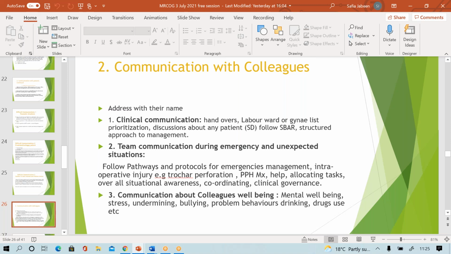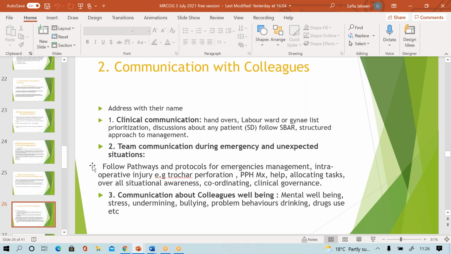We are so well rehearsed in these that we can just perform at that stage. There are usually pathways and protocols we follow in these situations, and we will go through an example of that later on.